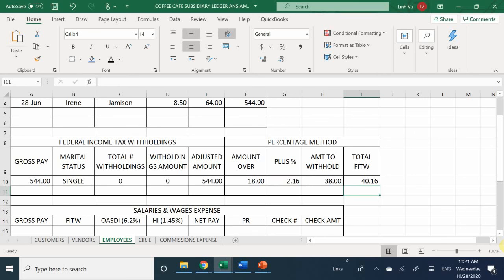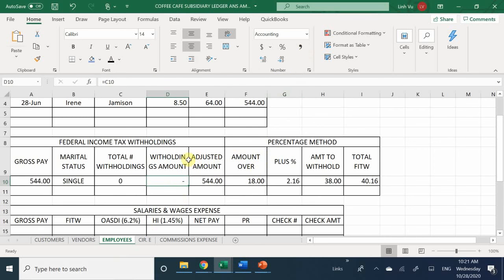How did you calculate that again? You add the amount that the government's going to tax you regardless, plus whatever percentage in excess that you've calculated. Correct. So here, total withholdings is going to be a dollar amount.